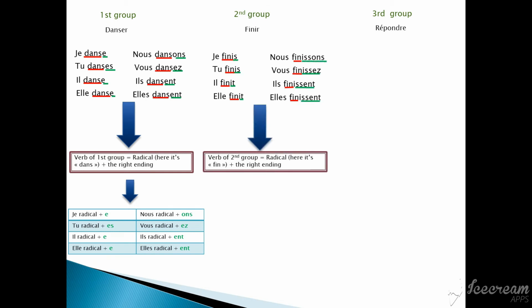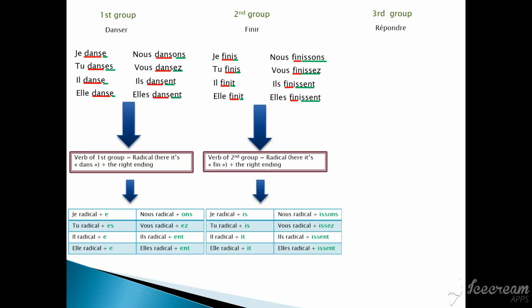So whenever you want to use a verb of the second group in the present, you gotta use this ending: is for the pronoun je, is for the subject pronoun tu, it for the subject pronouns il and elle, issons for the pronoun nous, issez for the pronoun vous, and issent for the pronouns ils and elles.